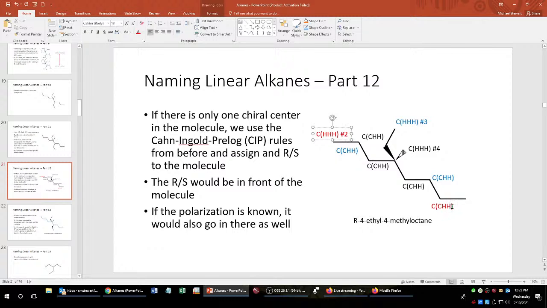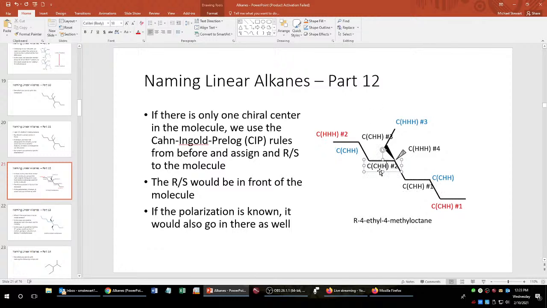And this one ends up being number 1. So you can see the challenge here is that we have to move successively further and further out. So I'm going to take these numbers and move them close to the adjacent carbons. So we've got number 3 here, number 2, number 1.